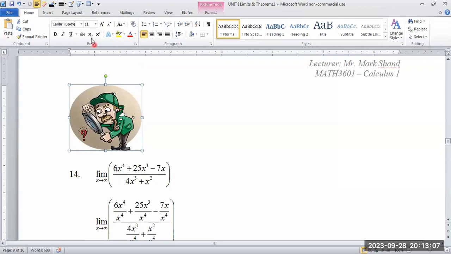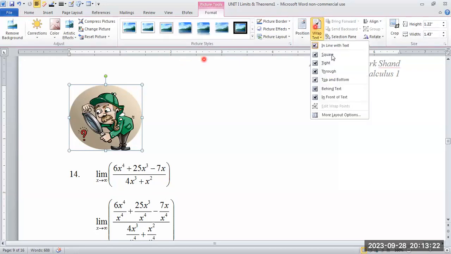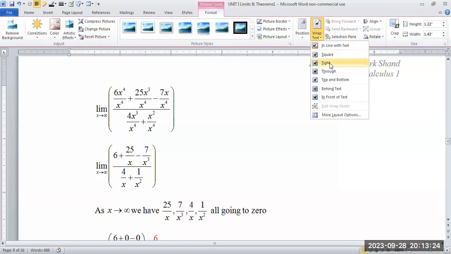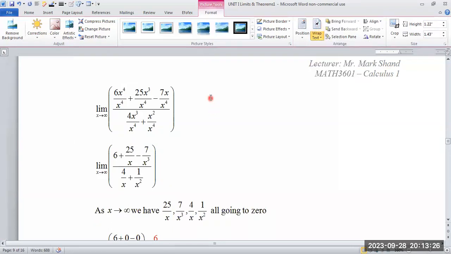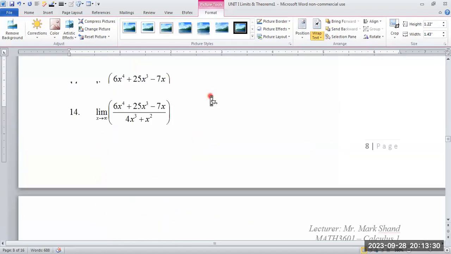Sir? I apologize, I was having a conversation and didn't recognize I'm muted. Yes, so you're correct. It's going to be the numerator power minus the denominator power. So it's the top power minus the bottom power. Okay. Thank you. No problem.